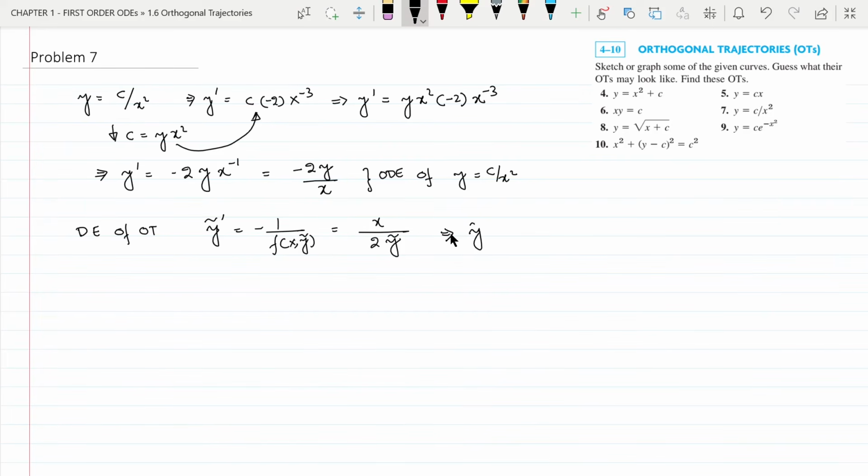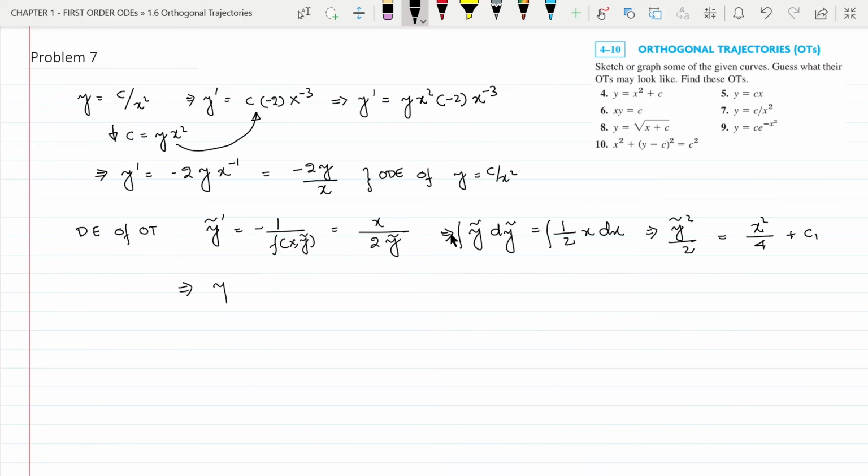So it will be y tilde dy tilde equal to half x dx. Now we will integrate both sides, and this implies y tilde square by 2 equal to x square by 4 plus constant of integration, let us say c1.